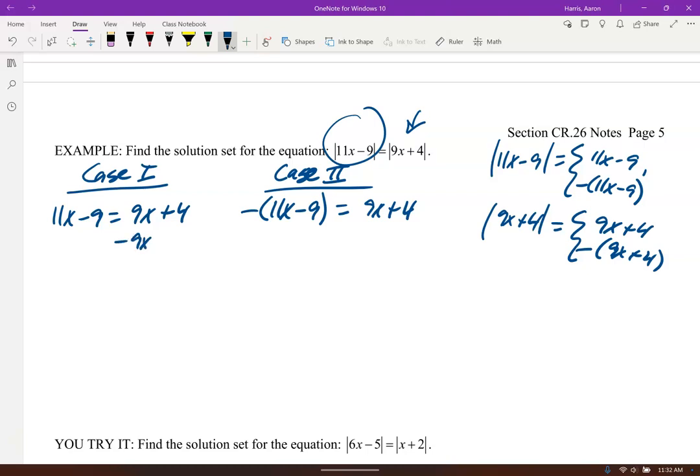So let's go ahead and subtract 9x here. Get all your x's on the left. Add 9. So I got 13 over 2.